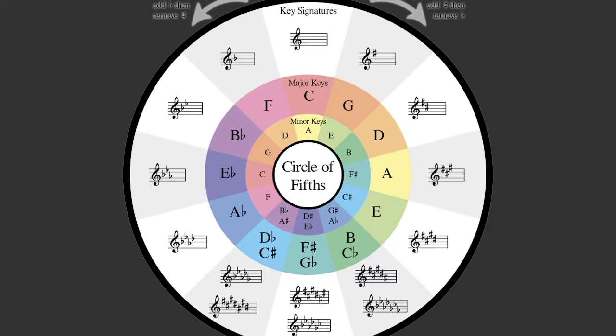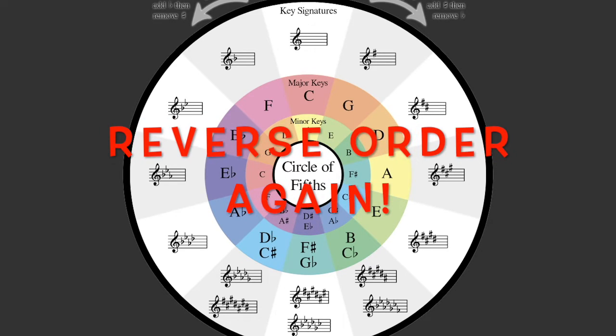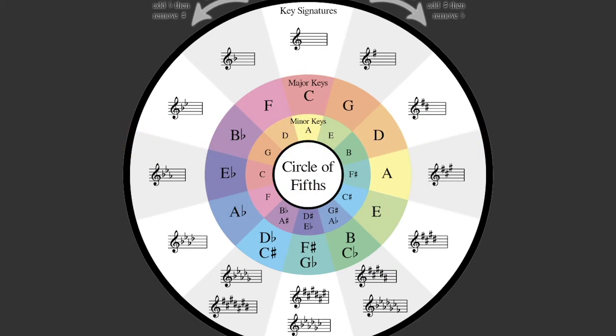You do the same thing. You start on D, go D to A to E to B, and then you start on E. So you go E minor, B minor, F sharp minor, C sharp minor. Again, following.